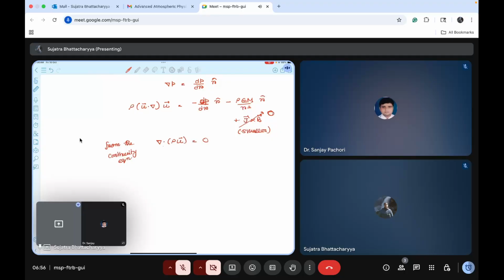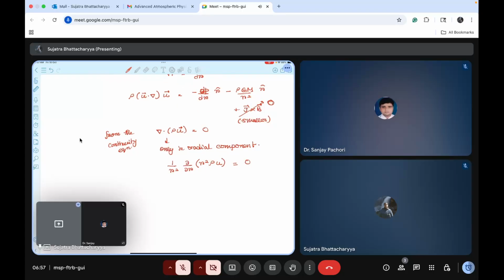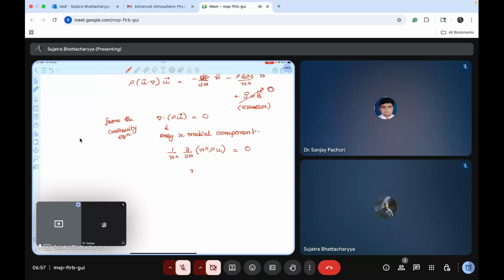Now the divergence in only the radial component becomes 1 by r square d dr of r square rho u. It should be equal to 0. That means r square rho u is some constant.